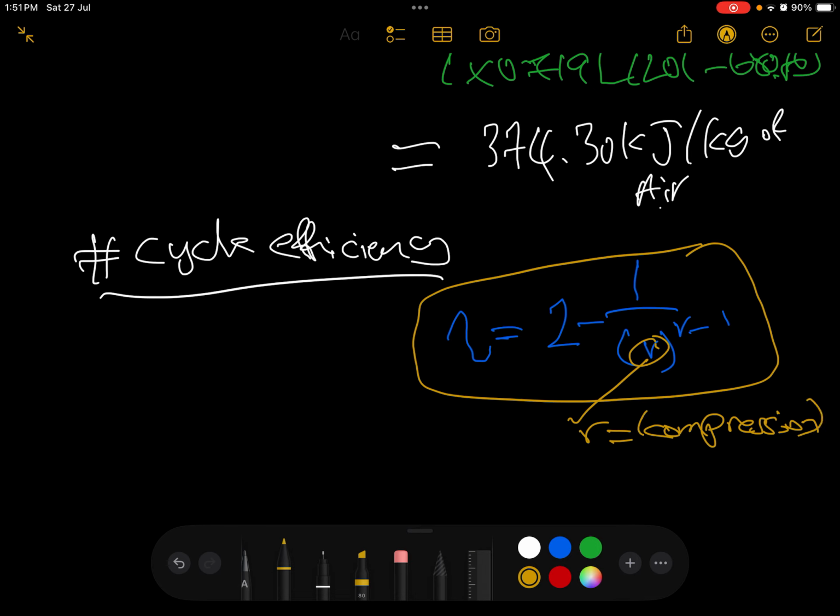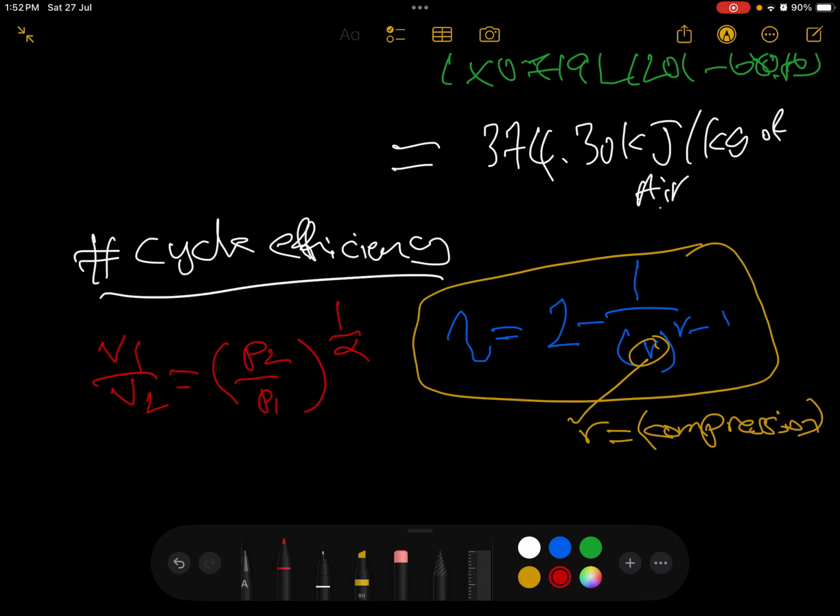It's there in the first video, but to recap, it's going to be V1 divided by V2 equals (P2 divided by P1) to the power of 1 divided by gamma, right?